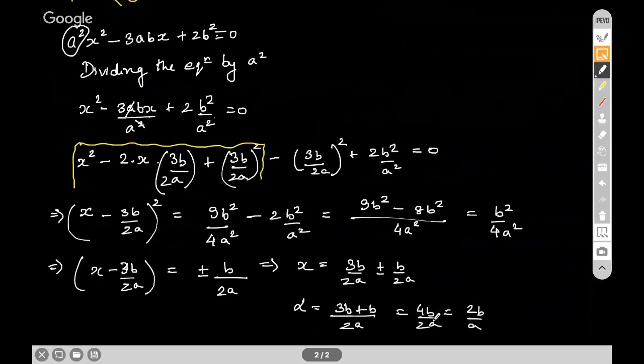This is solution number 1. Solution number 2, beta, is 3b by 2a minus b upon 2a, which is 3b minus b upon 2a, which is b upon a. So the solutions of this equation are x equals 2b by a and x equals b by a.